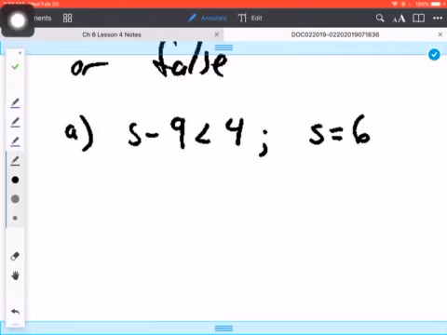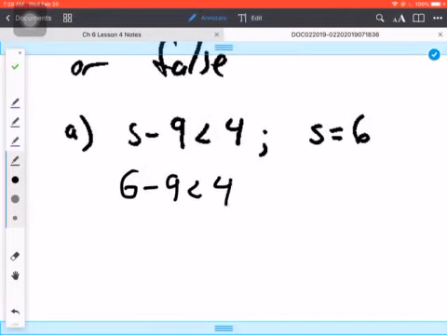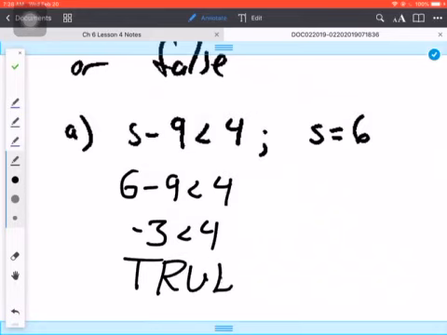And if the statement is still true, if whatever this left side would be is still less than 4, then it works. So let's substitute. So S is 6. 6 minus 9 is -3. And -3 is less than 4. So this is true.